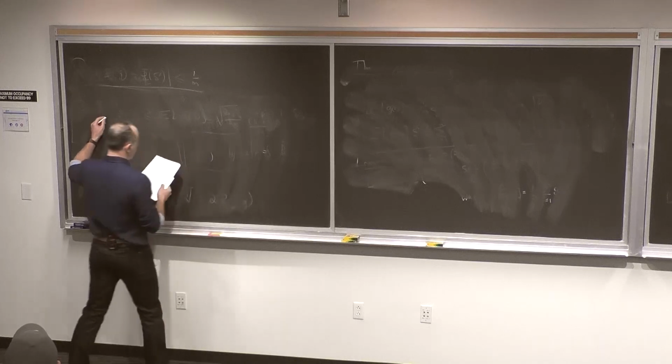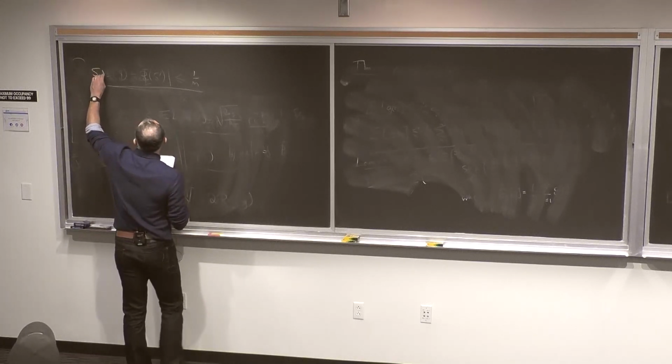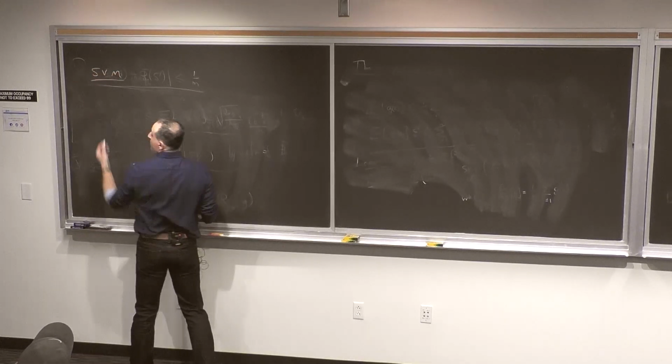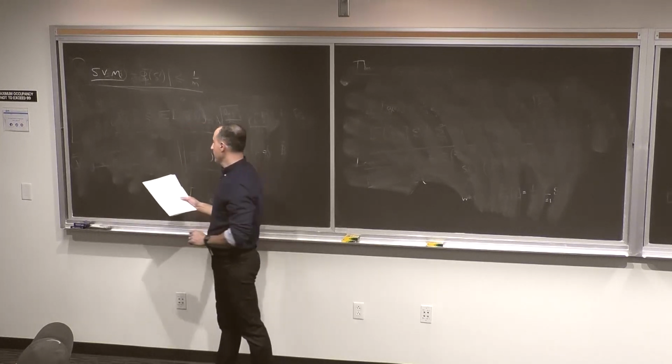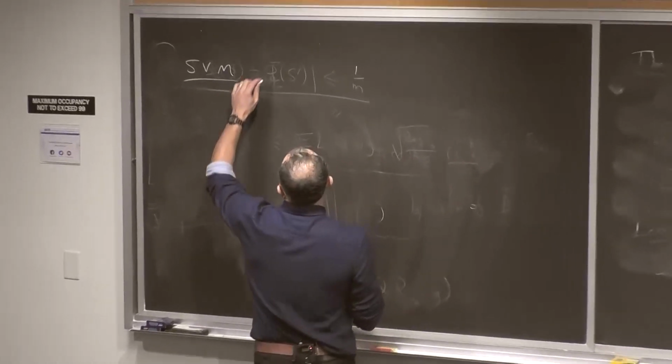Okay, so we're going to set up SVM, which is called support vector machine, but it's just linear, and estimate the Rademacher complexity.